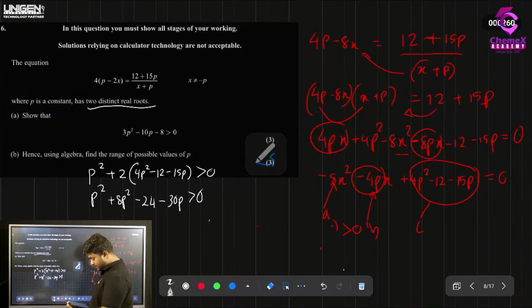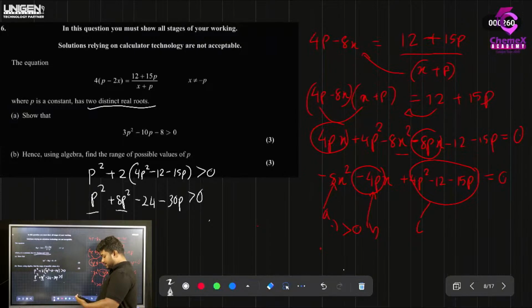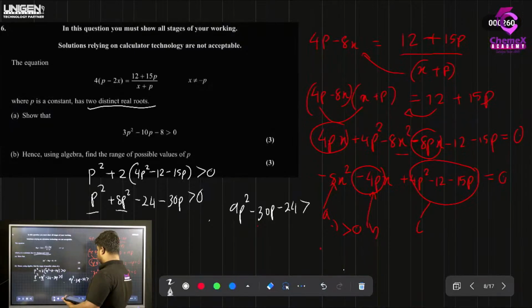So what do you get now? 9p squared minus 30p minus 24 is larger than 0. Can you simplify this further? By 3 you can divide, right? Just divide everything by 3.